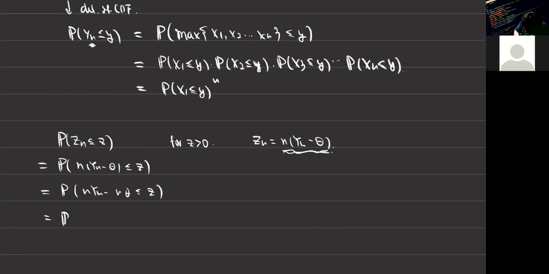Then I can open this up and rewrite it as a function of Yn. I know what distribution Yn follows because in part A we already showed it. Now I divide both sides by n, and then I move my theta to the right-hand side.